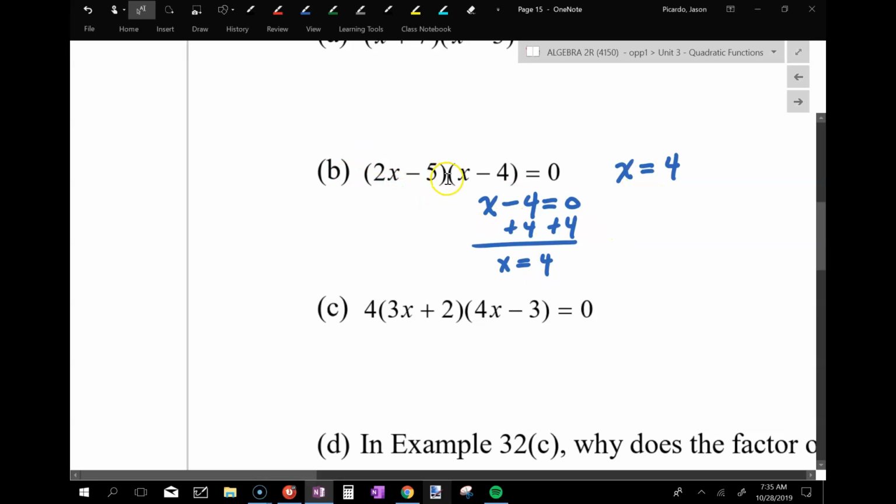Well, can we repeat an algebraic process over here, right? If I have 2x minus 5, and I want to know what value of x makes that equal to 0, that's just an algebraic problem now, right? Add the 5 and divide by 2. And so we get x equals 5/2.